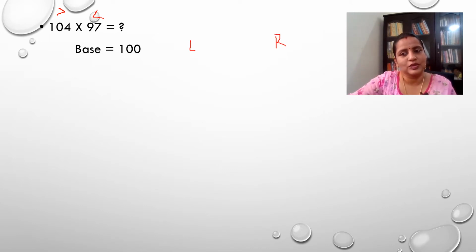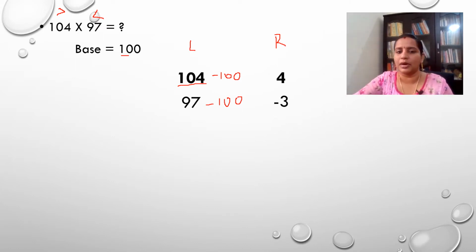For my LHS, I have to take the numbers directly, that is 104 and 97. For my RHS, I have to subtract these numbers from the base. So 104 minus 100 gives me 4, and 97 minus 100 gives me minus 3. So my RHS is 4 and minus 3.